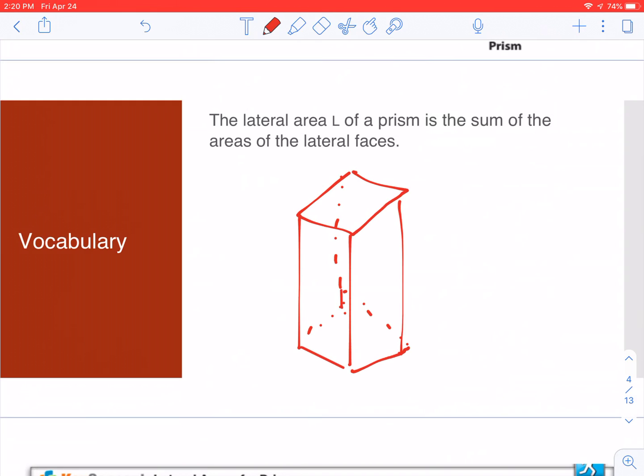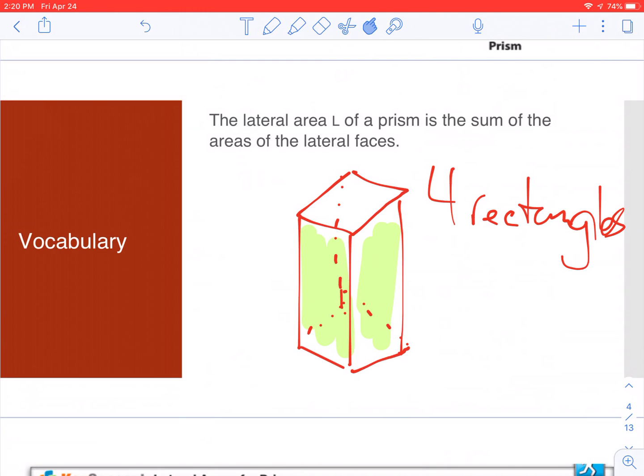The lateral area is going to be the area of the four rectangles. I'm not going to color all of them in; it gets confusing. Everybody here knows how to find the area of one rectangle, then we just multiply by 4.